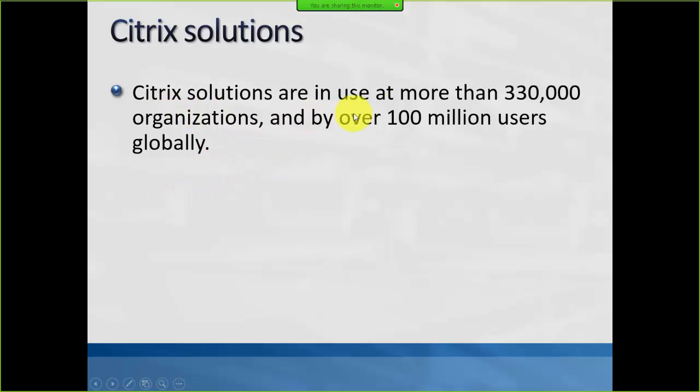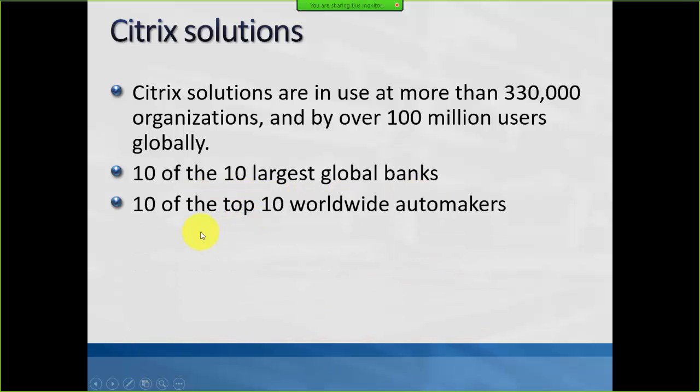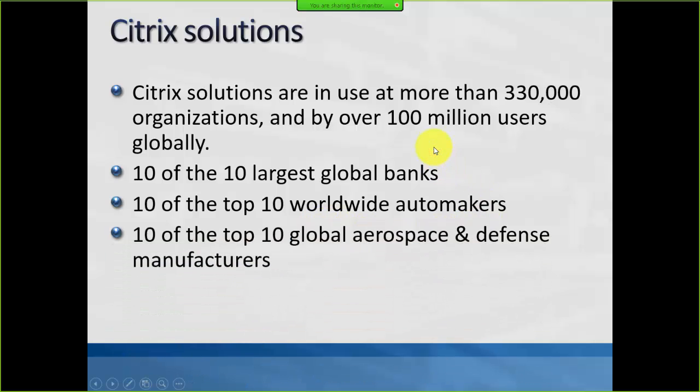Citrix solutions are in use at more than 330,000 organizations and by over 100 million users globally. But if you go for VMware or Windows or Google or any of those products, they would also give some huge numbers. 10 of the 10 largest global banks are using Citrix. 10 of the top 10 worldwide automakers are using Citrix.